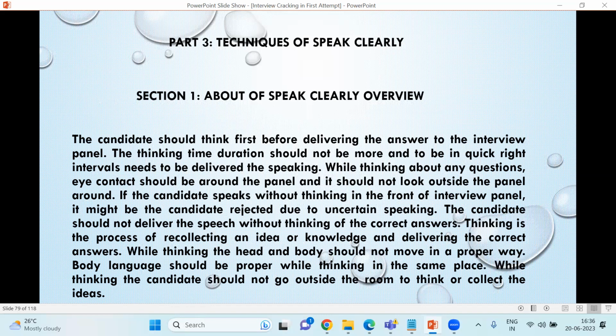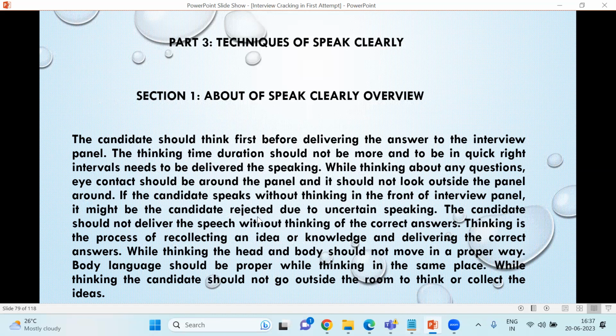Whenever the interview panel asks a question to the candidate, the candidate should not take too much time to answer, and should not make a quick response either. The duration between the question being asked and the answer being given should be at least 2 seconds. A 2 second pause shows that you are trying to deliver the answer very confidently.